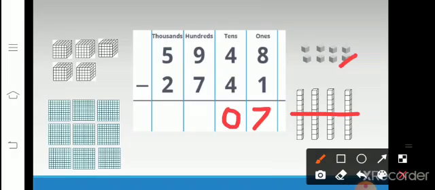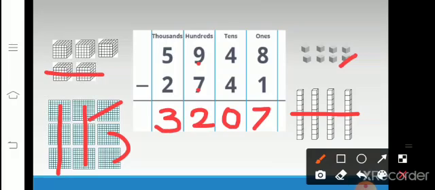Then subtract 7 from 9, so it means you cut these 7 squares of 100, so you get 200. It means you write here 2, and in thousands you cut down 2 thousands, so it's 3. The number is 3207.